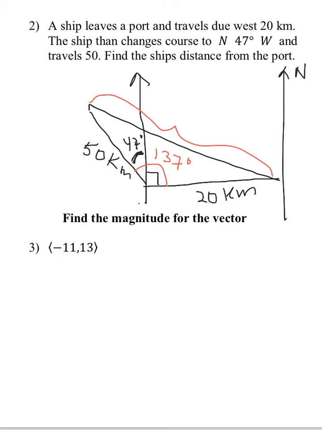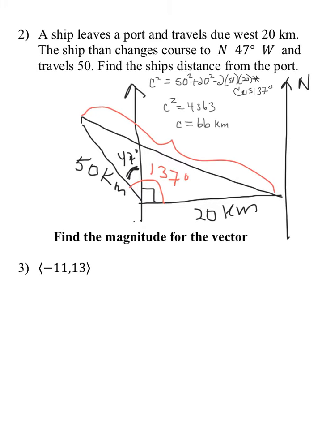So I'm going to go ahead and write in the law of cosines and solve for that side. Okay, so what we have is the law of cosines. C squared equals 50 squared plus 20 squared minus 2 times 50 times 20 times the cosine of 137 degrees.